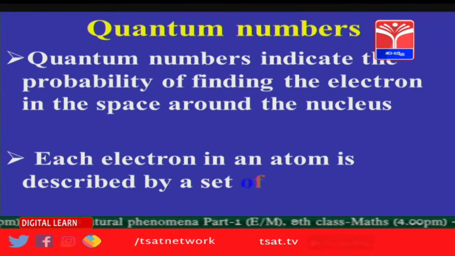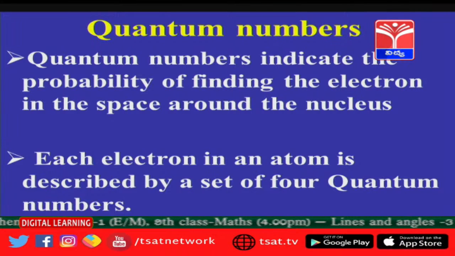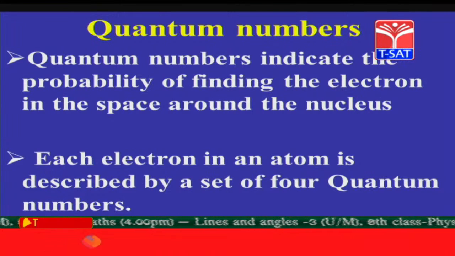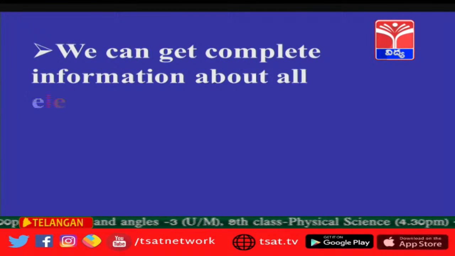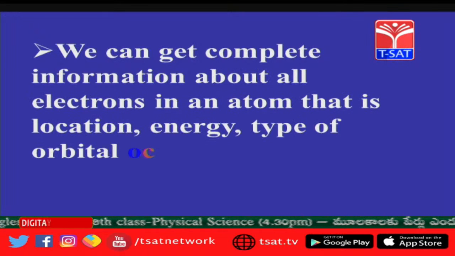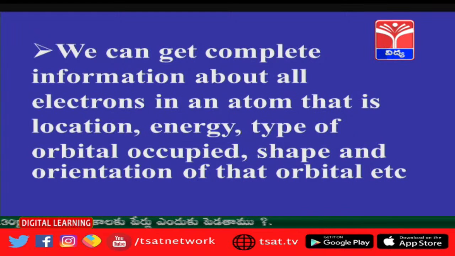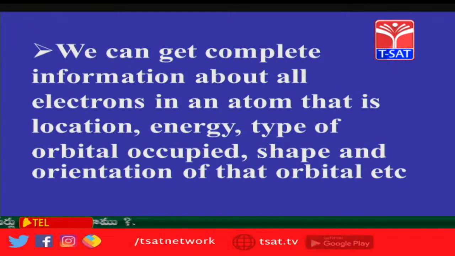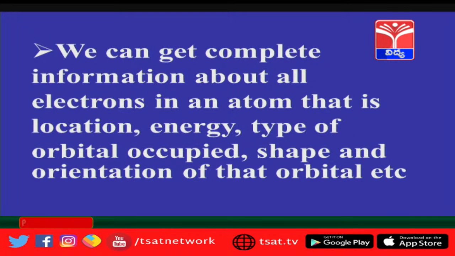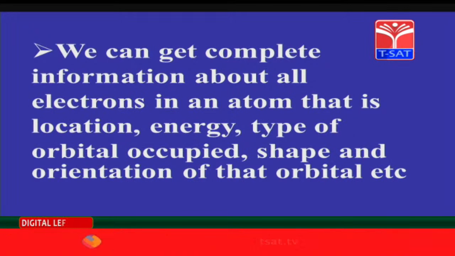Each electron in an atom is described by a set of 4 quantum numbers. We can get complete information about all electrons in an atom, that is, location, energy, type of orbital occupied, shape and orientation of the orbital, etc.